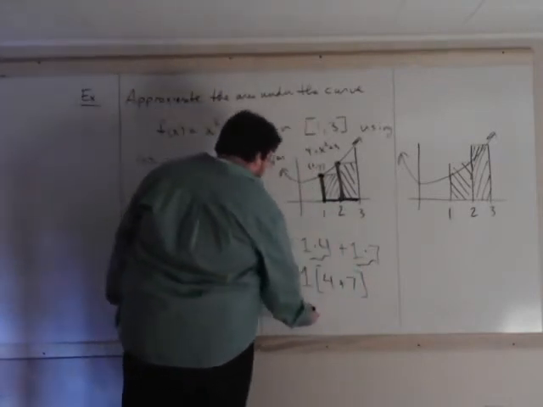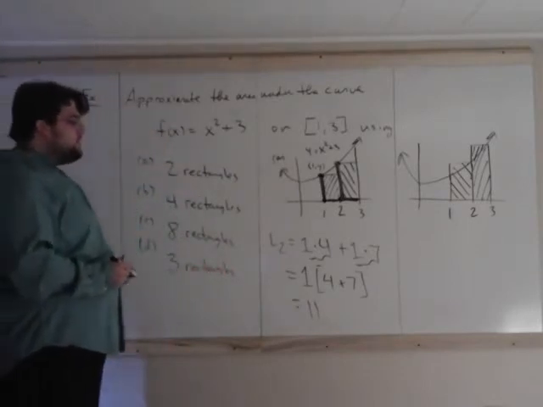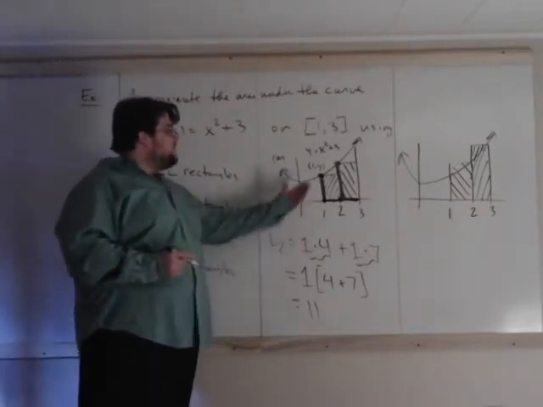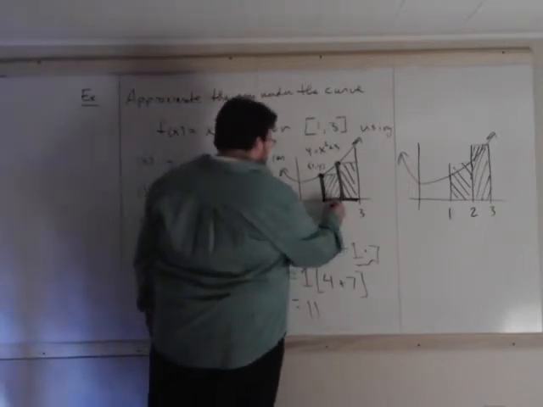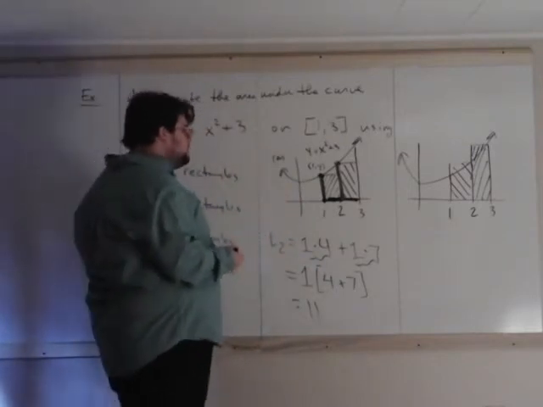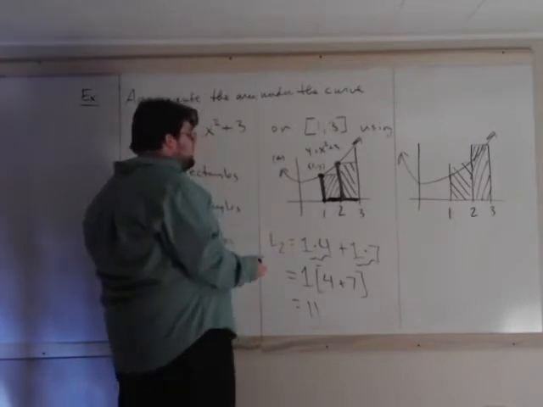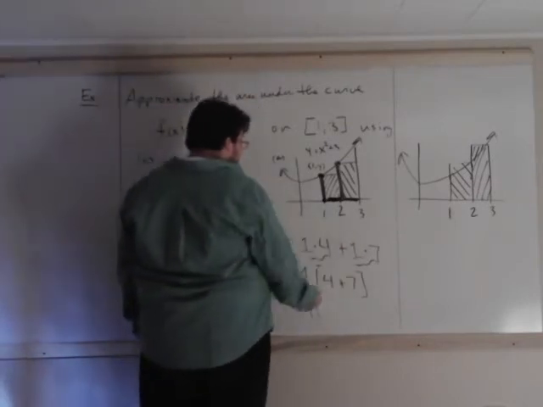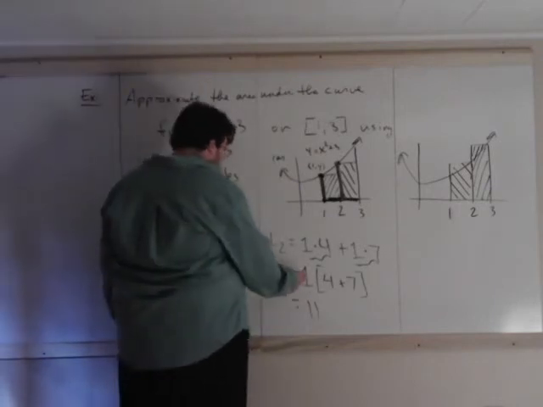And you get 1 times 11, which is 11. But how is that factoring out reflected in the actual problem we were doing? Well, both of these sides are length 1. So you can factor that out when you're doing the area computation, because all you're doing is adding length times width. If the one side is always the same, you can factor that out.